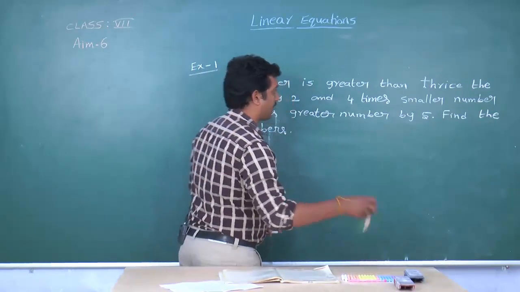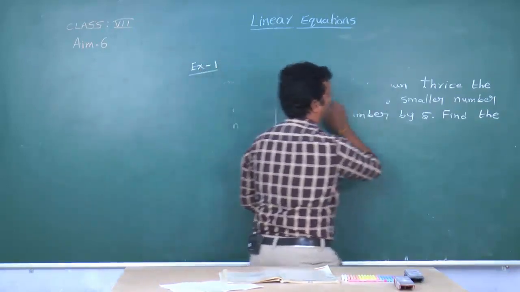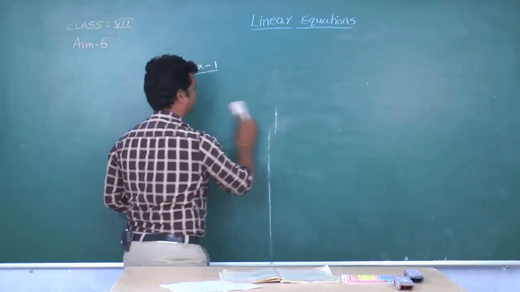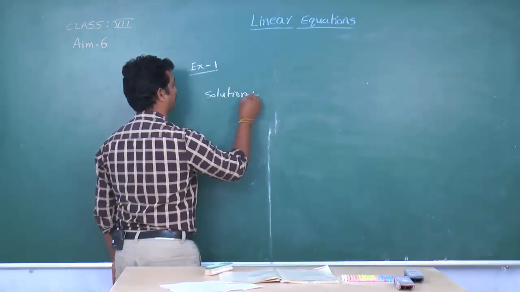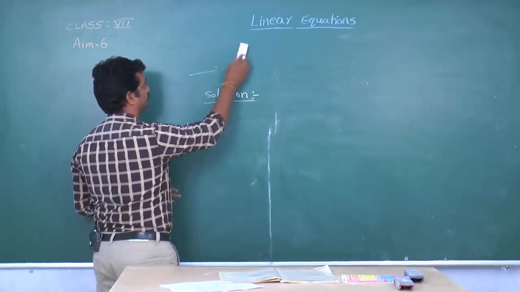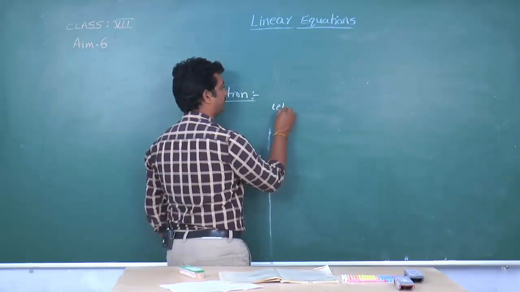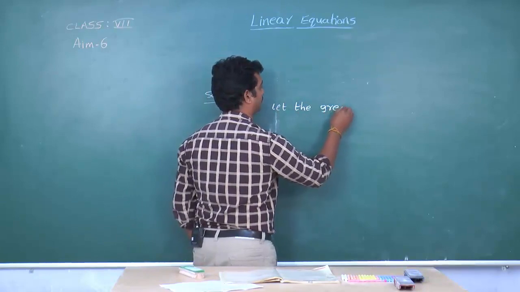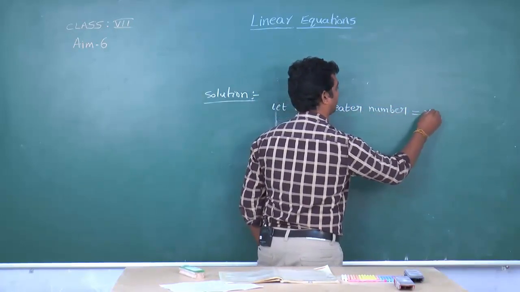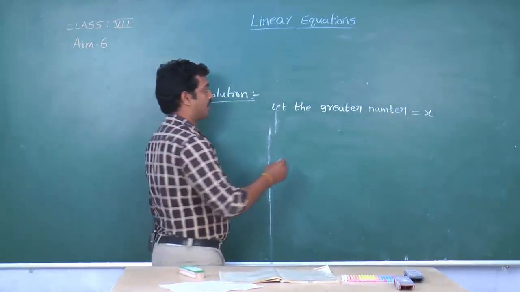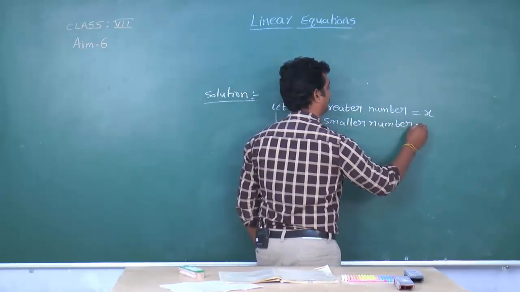So the solution for this problem is: let the greater number be x. Smaller number is equal to y.